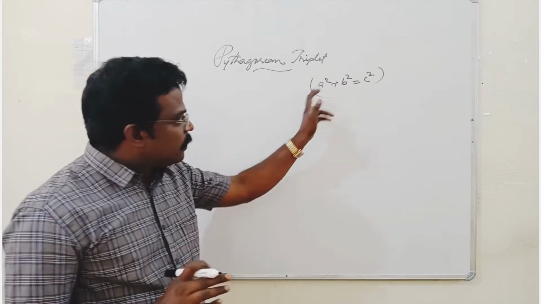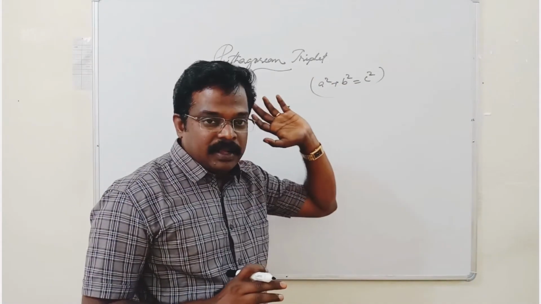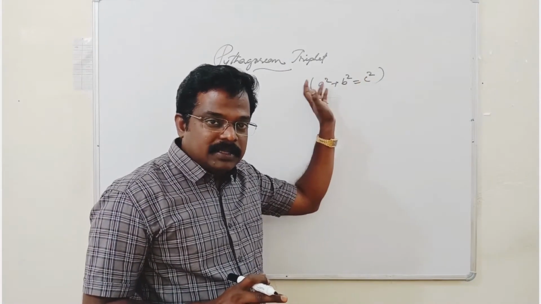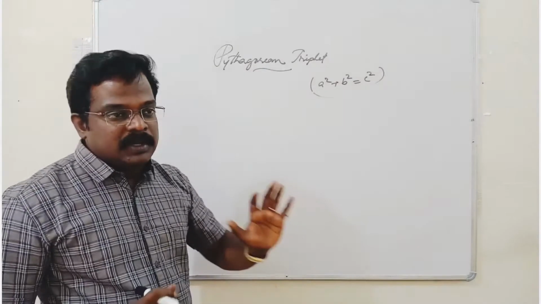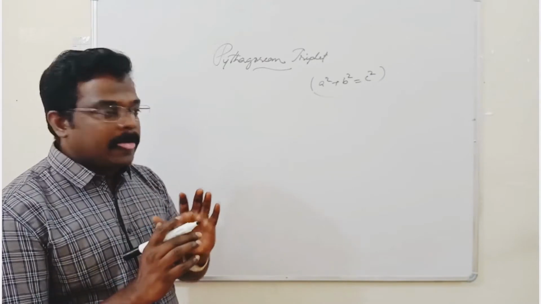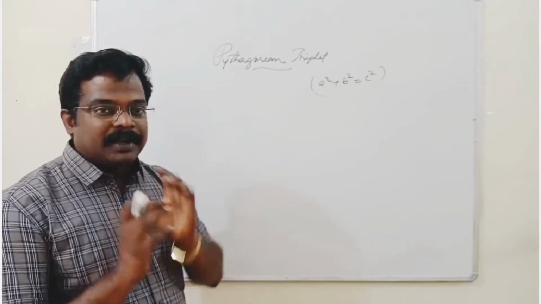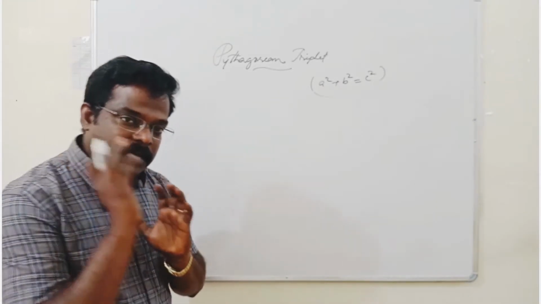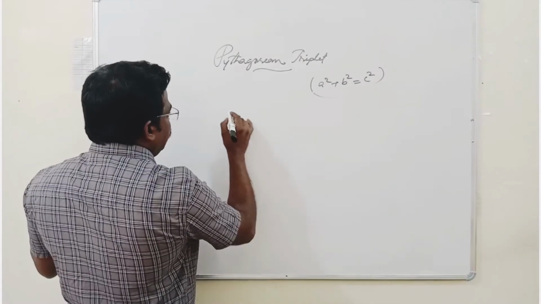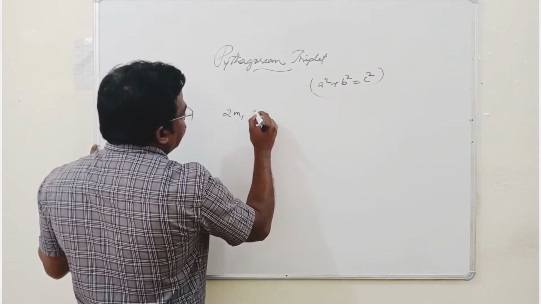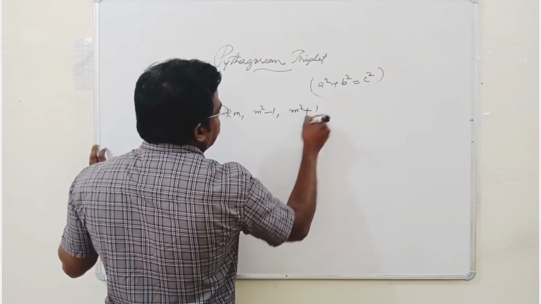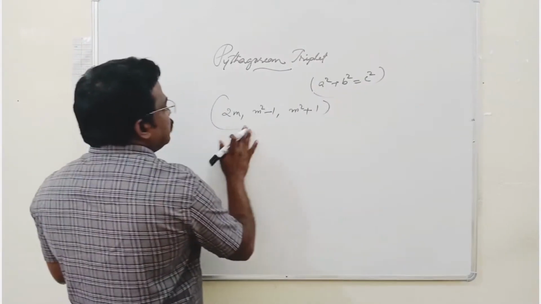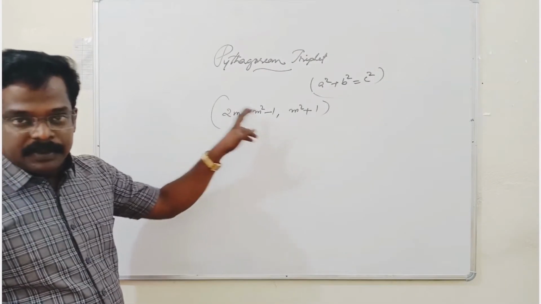When we solve questions, we take a number m, which should be greater than 1, and then 2m, m squared minus 1, and m squared plus 1. These will be the 3 numbers of a Pythagorean triplet.